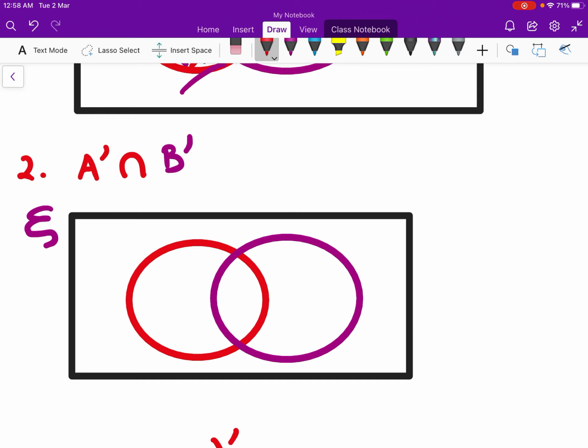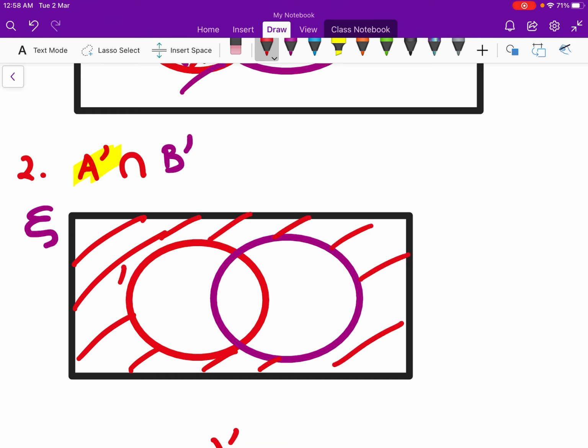In the event you have A complement intersect B complement, first of all, shade your A complement. This is A, this is B, and remember here is also A complement.